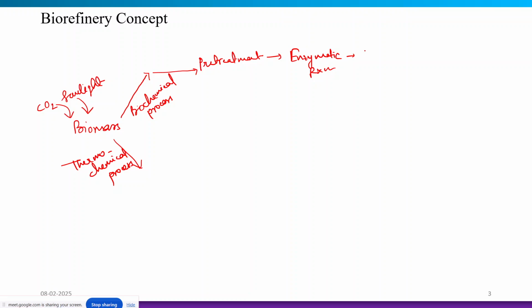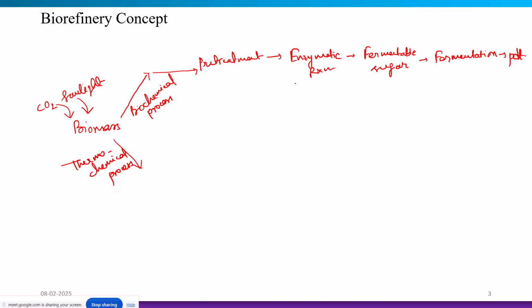From the enzymatic reactions there will be fermentable sugar production, which further goes to fermentation, and there will be a lot of products like ethanol, butanol, or hydrogen production, right?